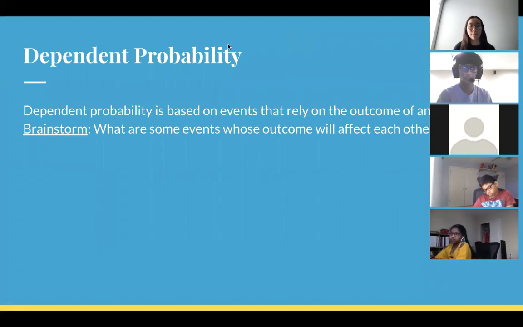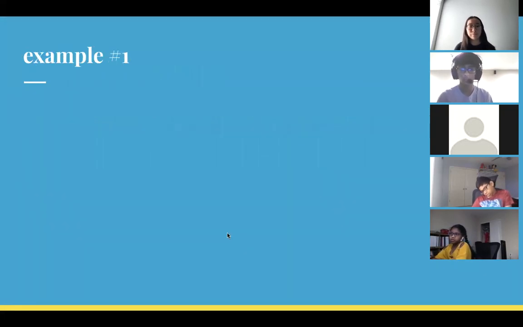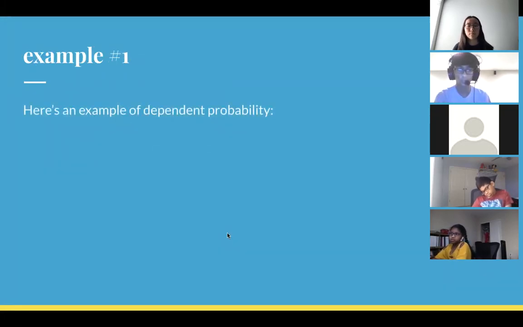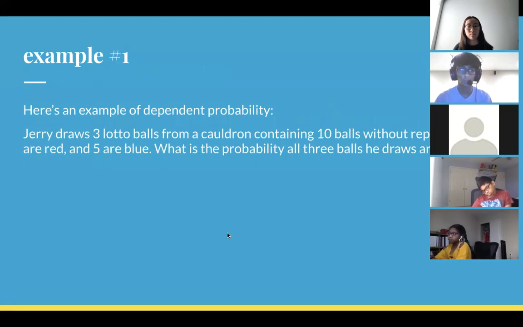Okay, so let's move on to the examples. Jerry draws 3 lottery balls from a cauldron containing 10 balls without replacement. 5 are red and 5 are blue. What is the probability all 3 balls he draws are blue?